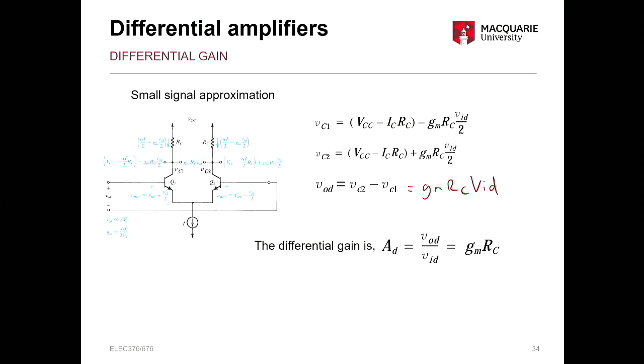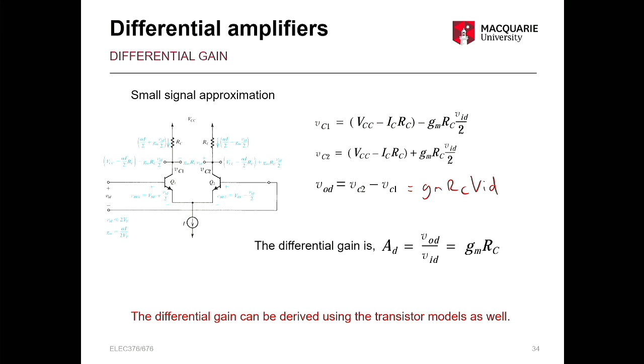And then if we want the gain, that's VOD over VID, so GMRC. Okay? So if you remember right back to the beginning of this one when we covered the small signal for the MOSFET differential pair, same equation, right? Except RC, RD, but that's our output resistor.